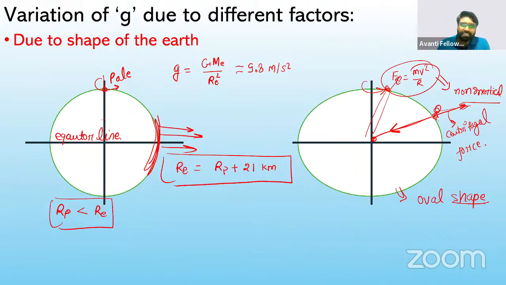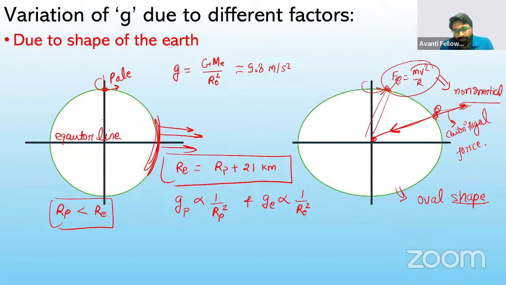Okay. So if you see here, the gravitational force at the pole, or you can say the gravitational acceleration at the pole, is directly proportional to 1 upon r_p square, the radius of the pole, and the gravitational acceleration at the equator is directly proportional to 1 upon the radius of the equator square. We know that the radius of the equator is greater than the radius of the pole.